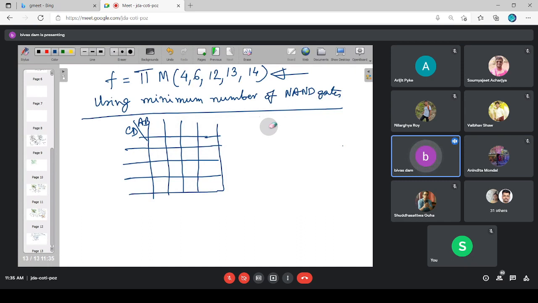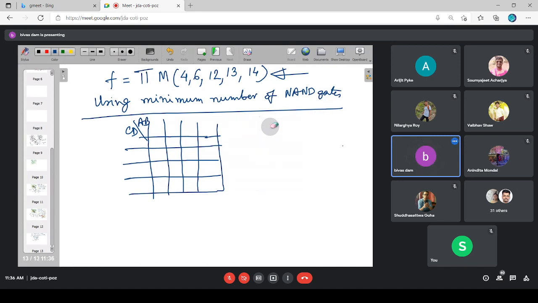But normally in most cases the function description will be given, and from there you will automatically be able to find out the number of input variables. Only where the function is explicitly mentioned in terms of summation of min terms or product of max terms do I have to go by that criterion: given the maximum index value, we find the required number of input variables. Fine.